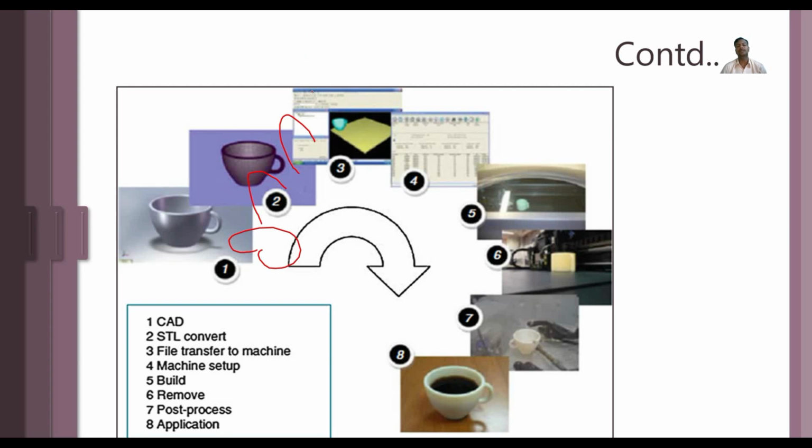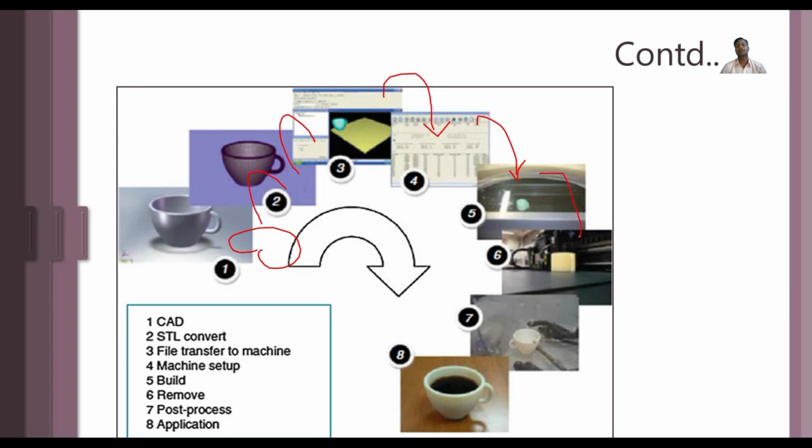Once it is transferred to the machine, we have to set up that particular machine. As I told, this includes preheating and remaining operations. And once it starts to print, it starts to build.